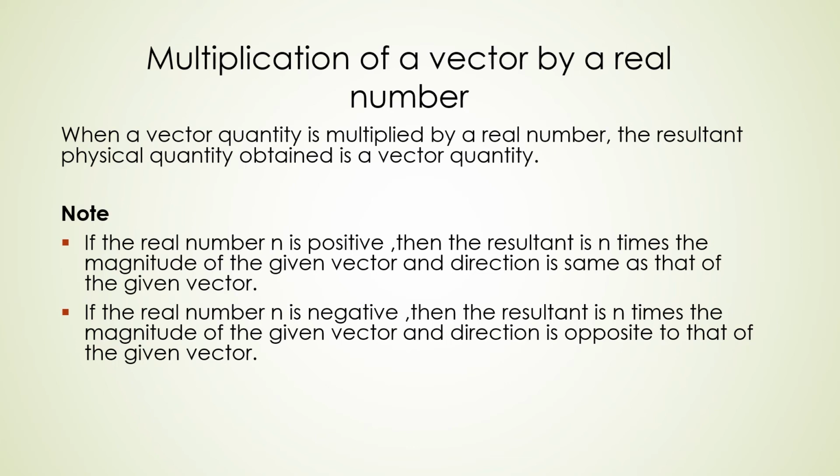If the real number n is positive, then the resultant is n times the magnitude of the given vector and the direction is the same as that of the given vector. Next, if the real number n is negative, then the resultant is n times the magnitude of the given vector and the direction is opposite to that of the given vector because it is negative.